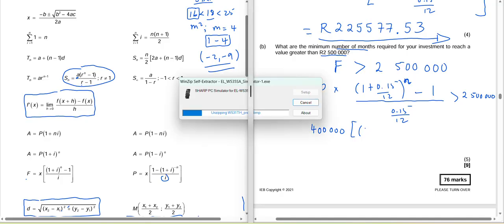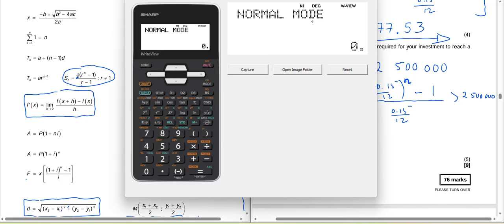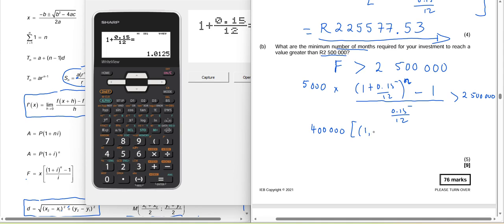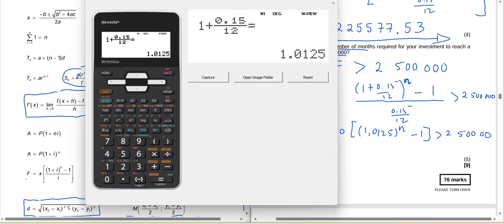So let me bring the calculator. 1 plus 0.15 divided by 12 is 1.0125. So 1.0125 to the power of n minus 1 should be greater than 2.5, right?